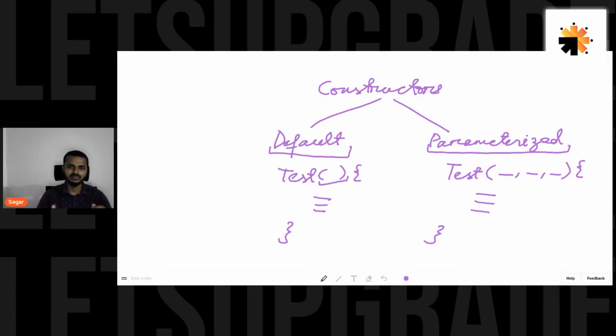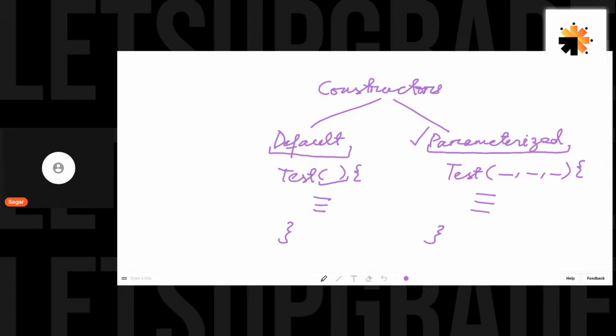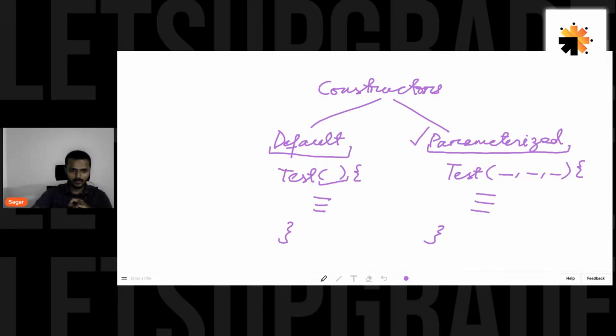Since a constructor is similar to a function, they have similar syntax. There are minor differences which I'll tell you about in a while. But doesn't this look like a function? In a function we pass parameters or we don't pass parameters, right? Similarly, in a constructor we either pass parameters, in which case it is called a parameterized constructor, or we don't pass parameters, in which case it is called a default constructor, right?